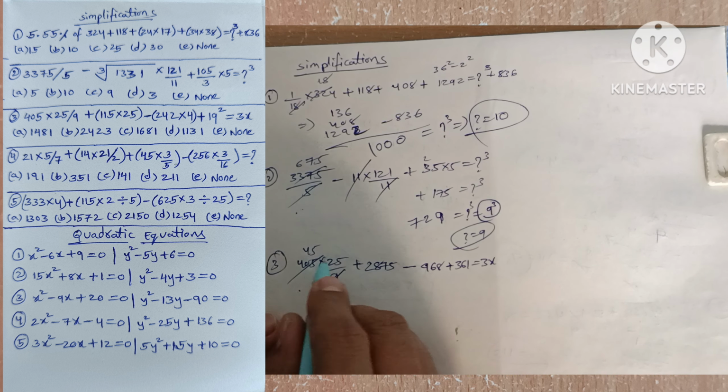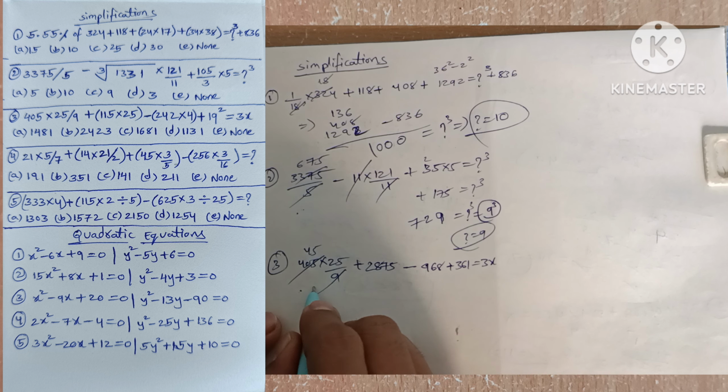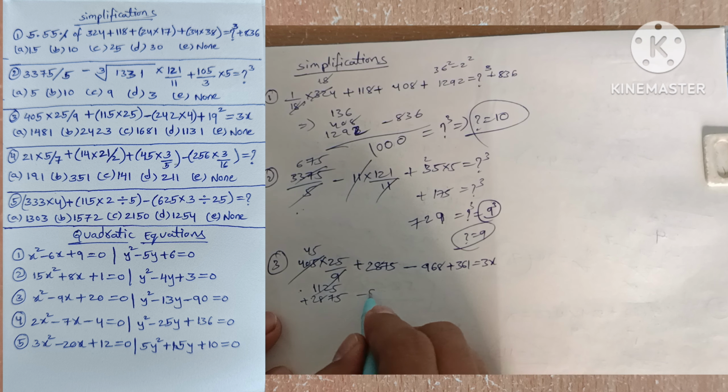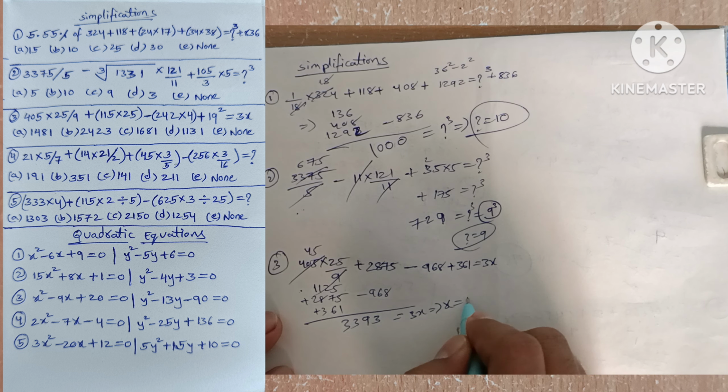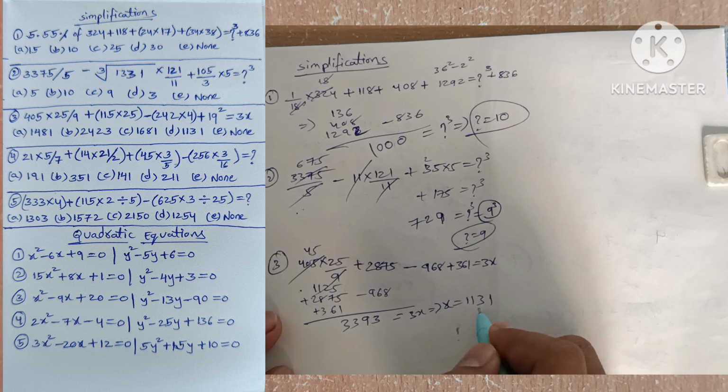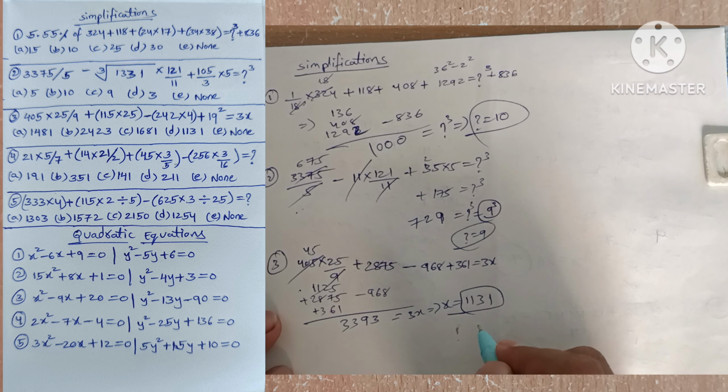Here 45 into 25 is 1125 plus 2875 minus 968 plus 361. We total get 3933 equals to 3x. Therefore x equals to 1131. This is our answer.